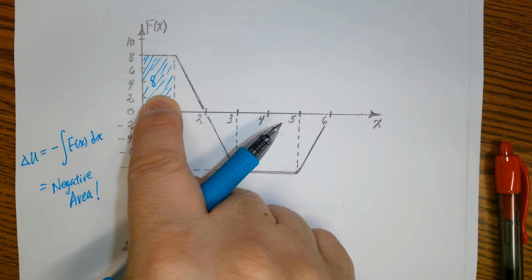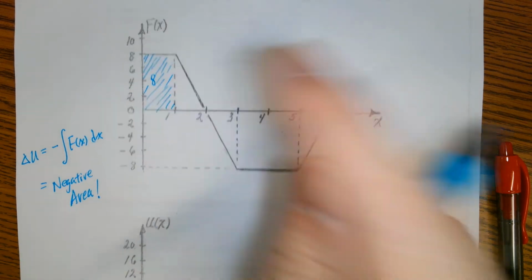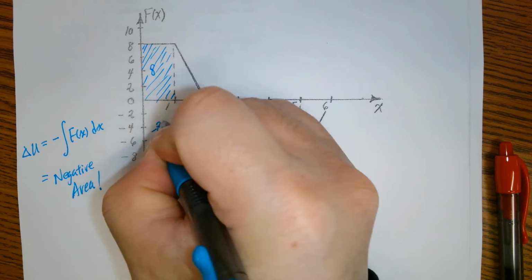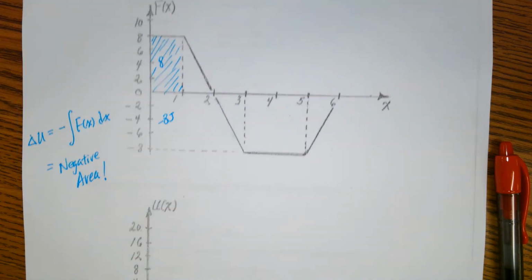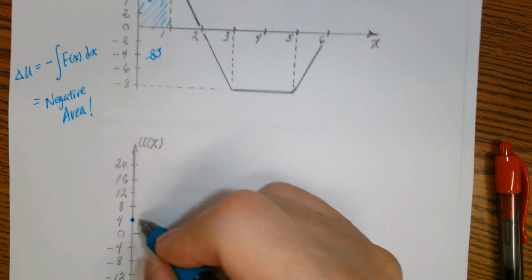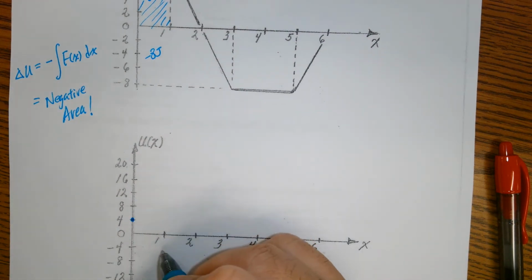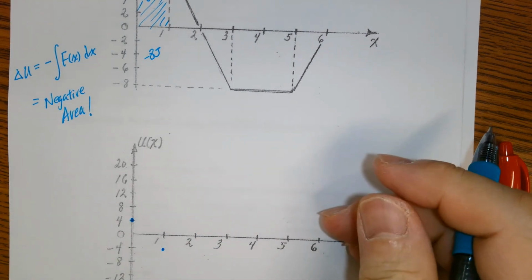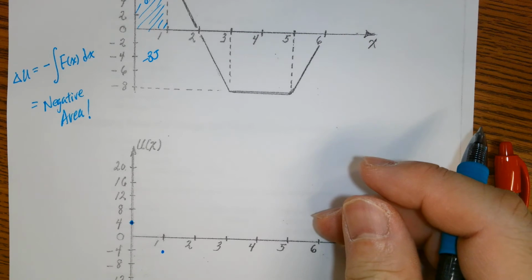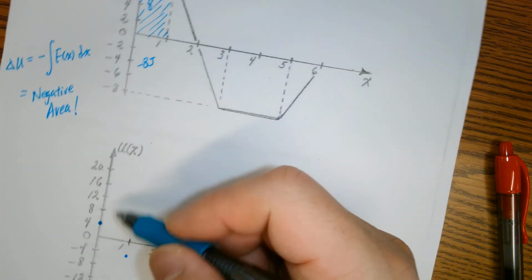Now this is 8, so we have to negative it. So negative 8 joules is what we have here for the first meter. So if we start at positive 4, we'll end up at negative 4, like so. Okay. And since it looks like a constant, you could do a straight line on this.